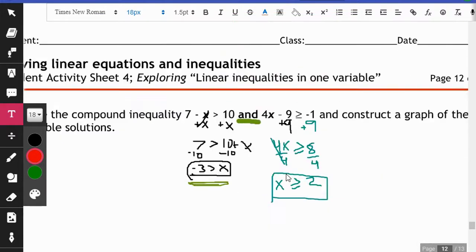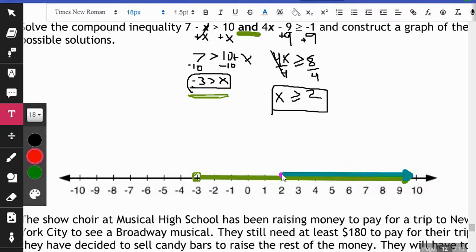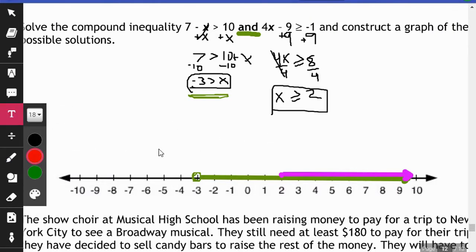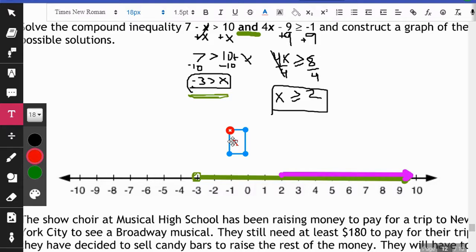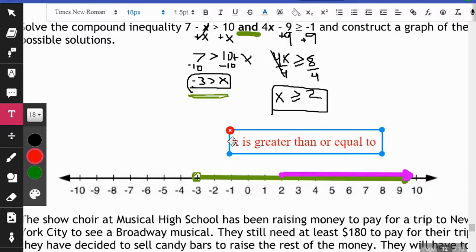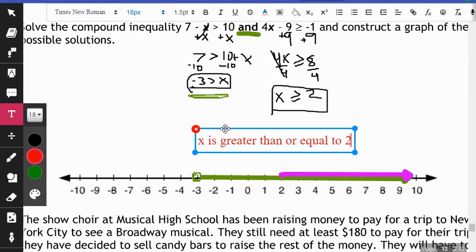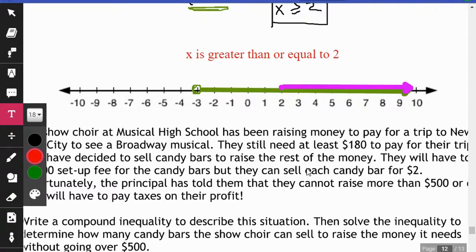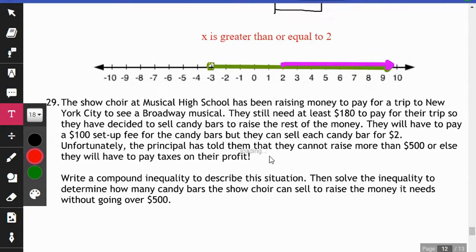But down here, x has to be where they're both. So it could be 2 or 3 or 4, anywhere where they overlap. So the solution is x is greater than or equal to 2. I graphed it to see. That's where they overlap. Okay, that's how that works.